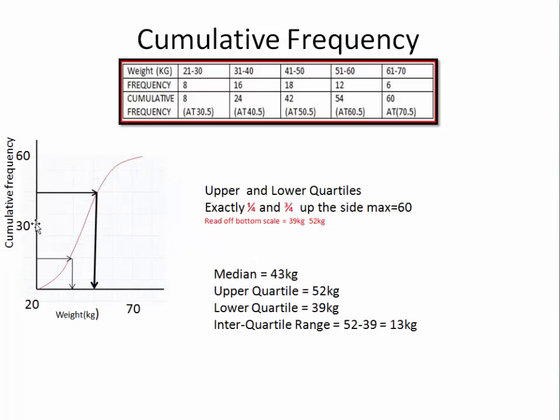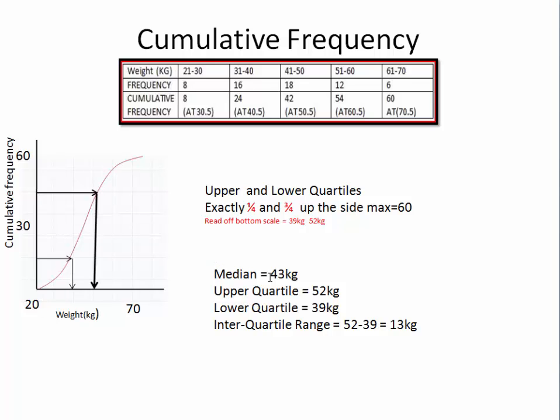Then between our median and our total cumulative frequency, exactly halfway between, is our upper quartile. So take that across to the curve, line across to the curve, and down and read off the weight. And then between the median and 0 is our lower quartile. So line across to the curve and down and read off. So that's our lower quartile weight.